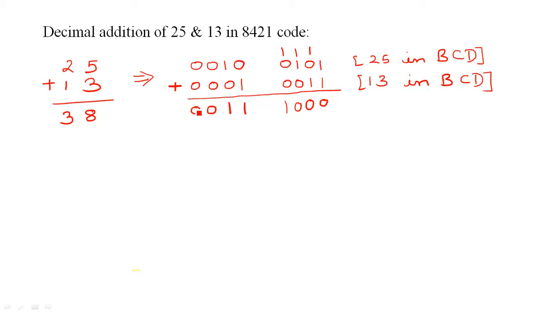So no carry indicates that there are no illegal codes. Here we are not having a carry in this group, let us call it the first group. Similarly, we are not having a carry in the second group also.